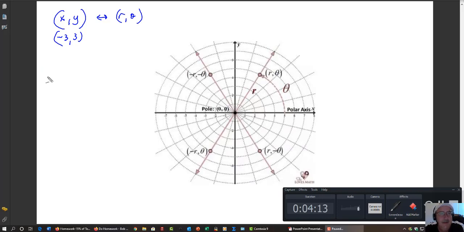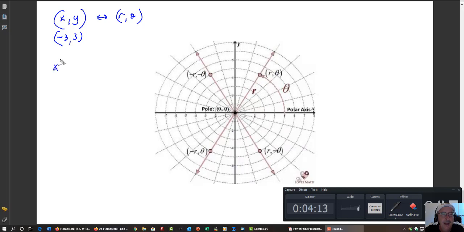All right, in the next few examples, we will change from rectangular to polar coordinates. If we're given the ordered pair -3, 3, we know we would be up here in the second quadrant. What we're going to need on this one is the other two formulas for the Fantastic Four. We're going to have to get the r value here.